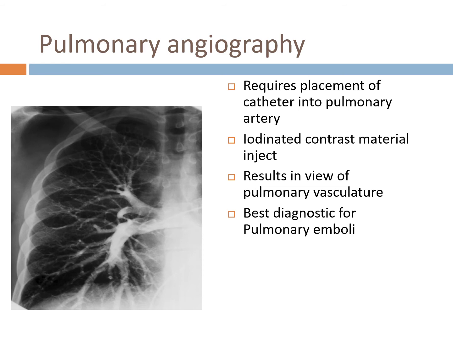They thread a catheter into the vein, into the right side of the heart, through the pulmonary valve, into the pulmonary artery, where they inject a contrast medium and see how it branches off. Because they can get what they need from the CT, they generally don't do this anymore because it is an invasive procedure.